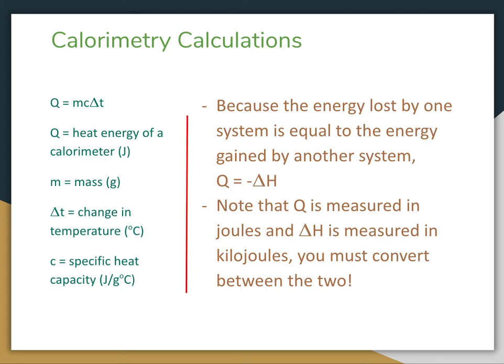Now you will notice this time, this is in Celsius. Do we have to convert it to Kelvin? No, we do not, because we're measuring the change in temperature, not the absolute temperature, like we were doing with gases last year. So there is no need to convert into Kelvin, and in fact, delta t is going to be the same whether it's in Kelvin or Celsius, because 1 degree Celsius is equal to 1 degree Kelvin, and it's just the start and end point that you're moving.